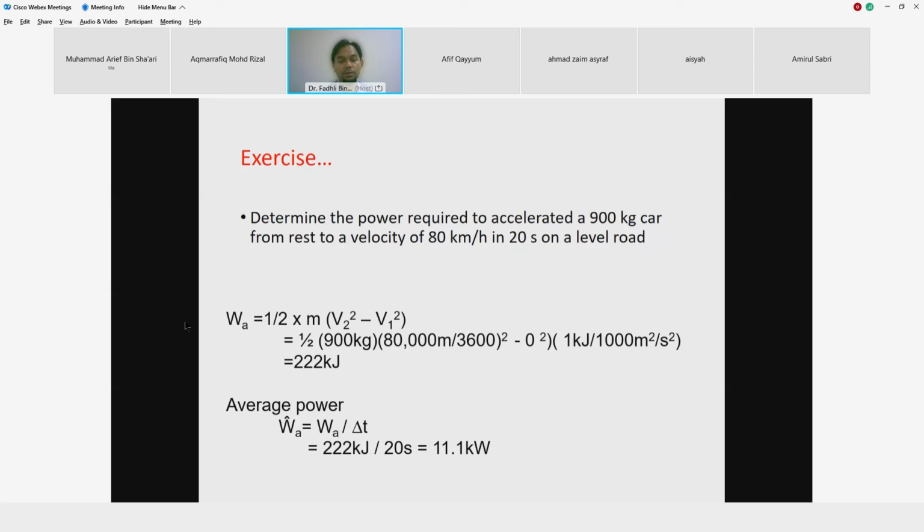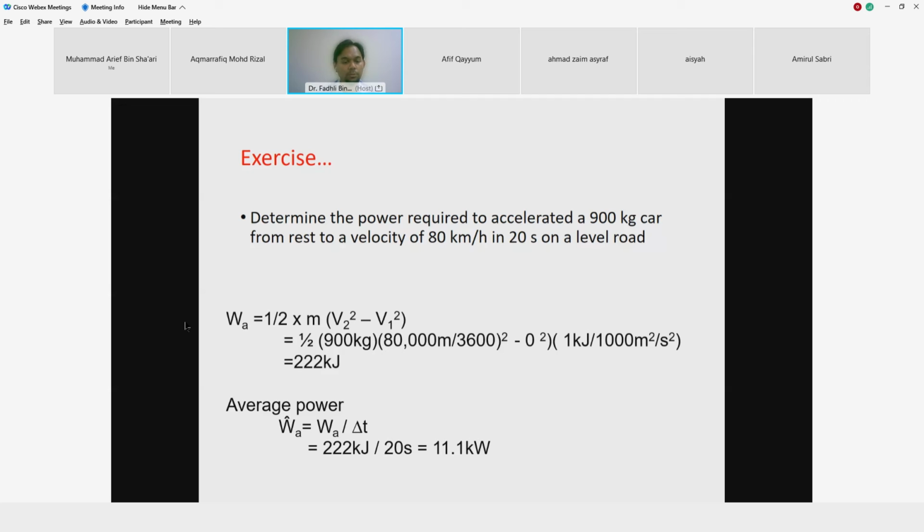This is the work. Get the work, and then find the power. Power is work over time, joule over time. Actually this one is the same as just now.